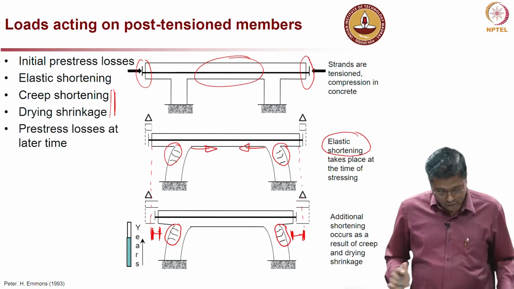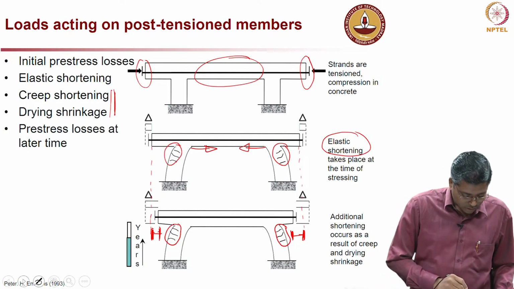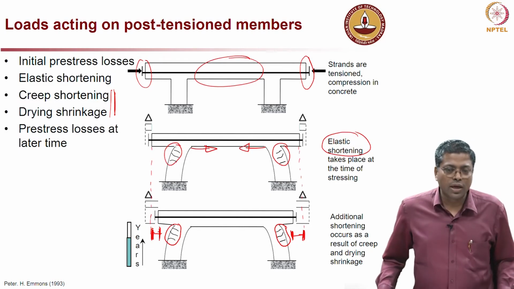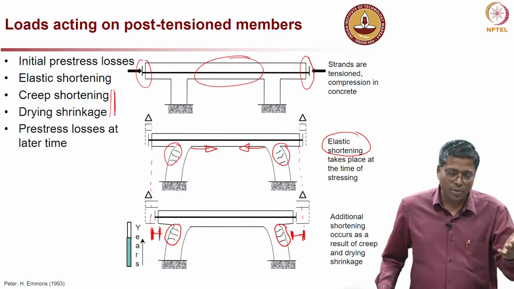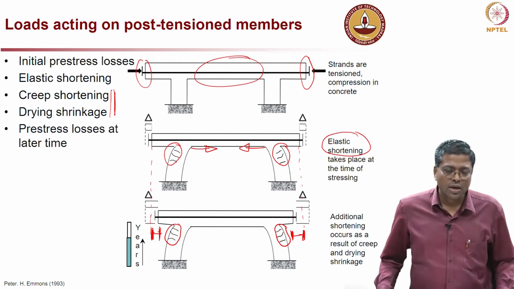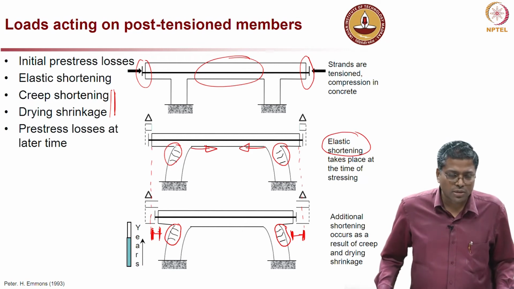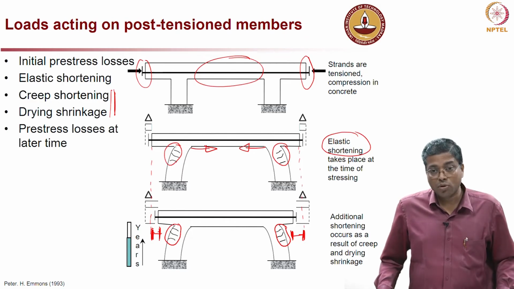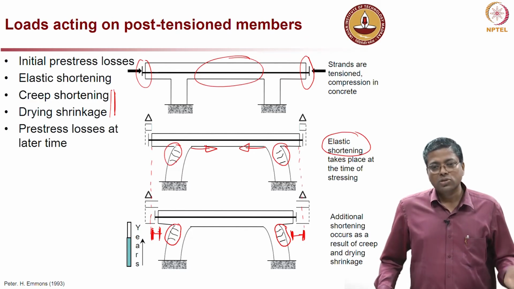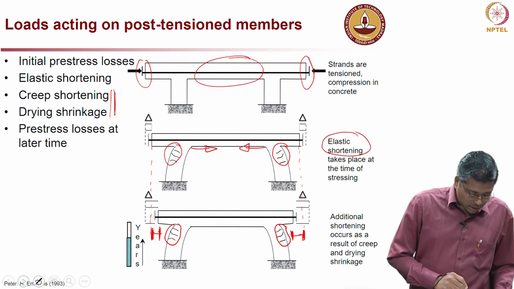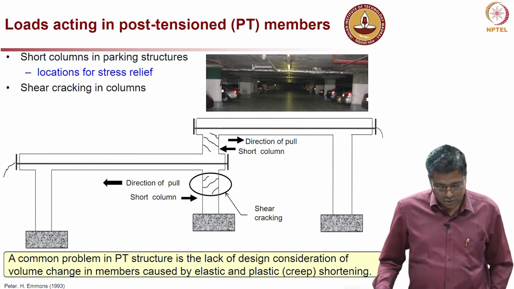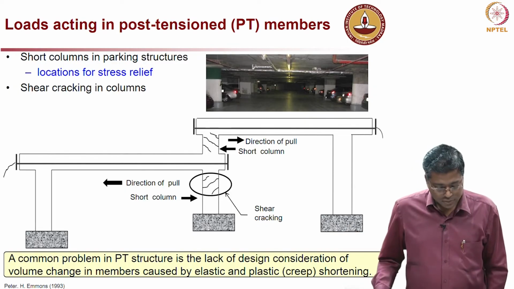So, that is the idea. We should be able to make visual observations, and from those visual observations we should be able to identify the damage mechanism, or what is happening in the structure, so that we can design suitable strengthening techniques or strengthening methods.